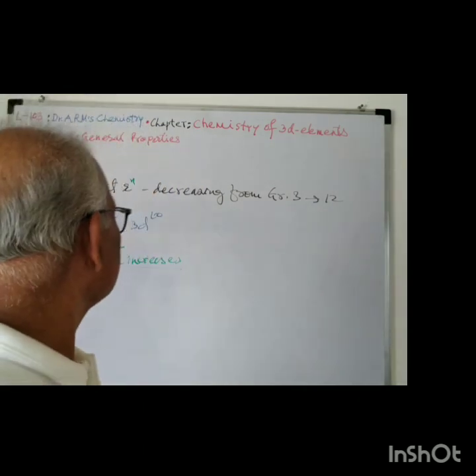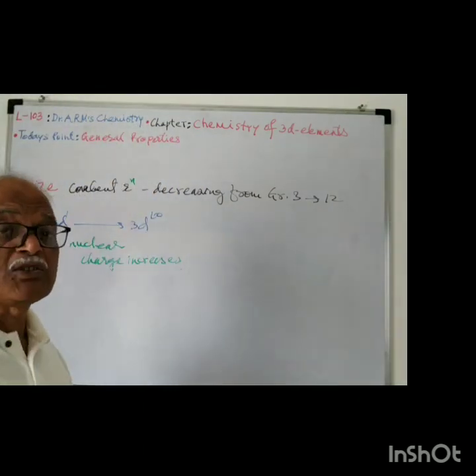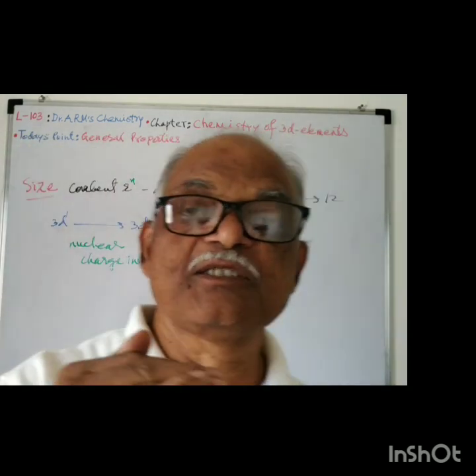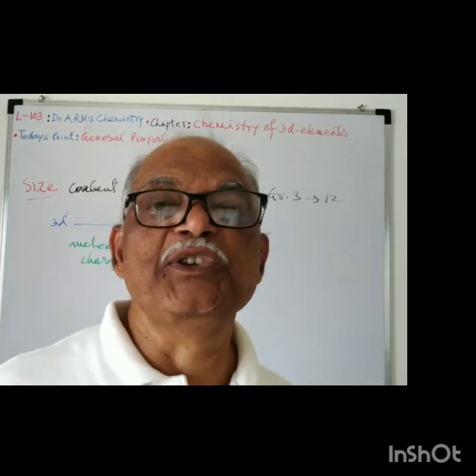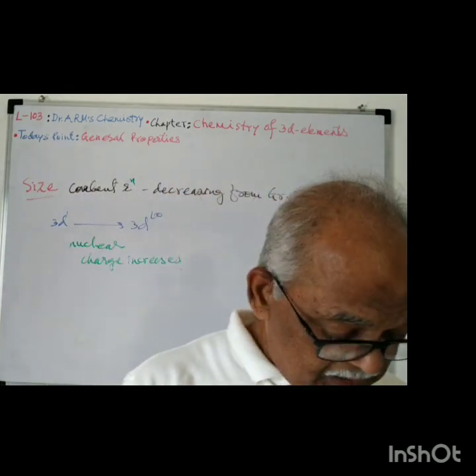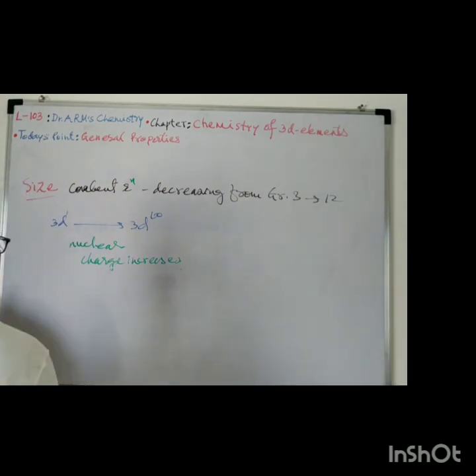The nuclear charge is shielded continuously by 1 electron, 2 electrons, and so on. So as we move from group 3 to 12, the nuclear charge is shielded more and more by every newly added electron. Because of this, the lanthanide contraction is observed.